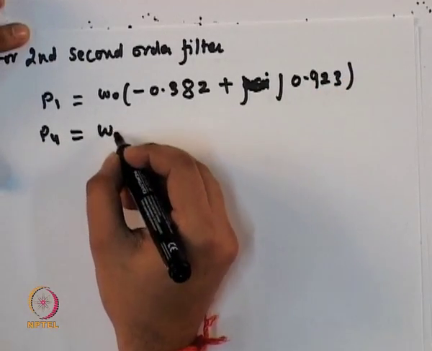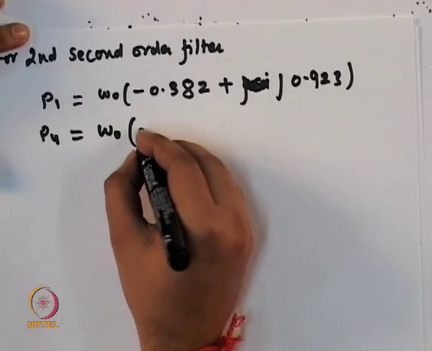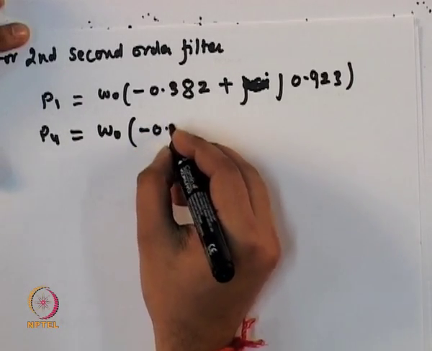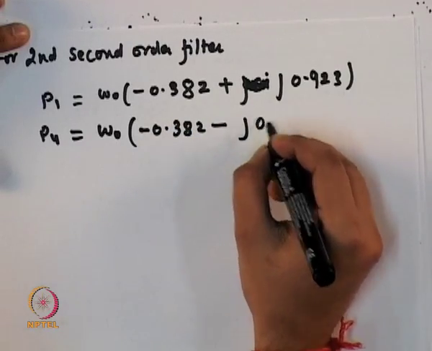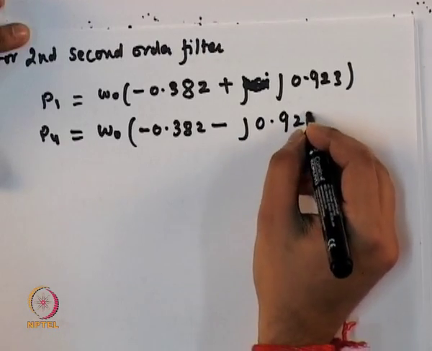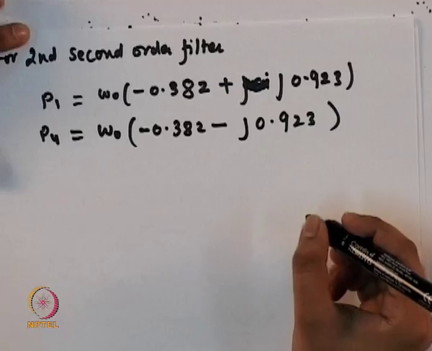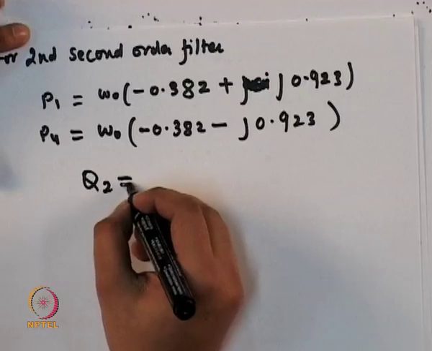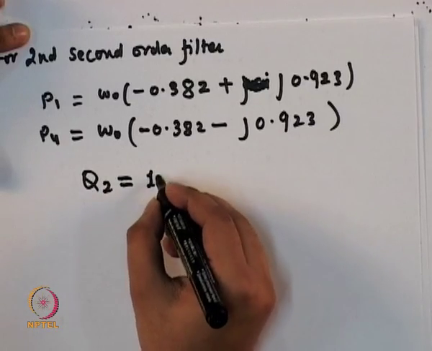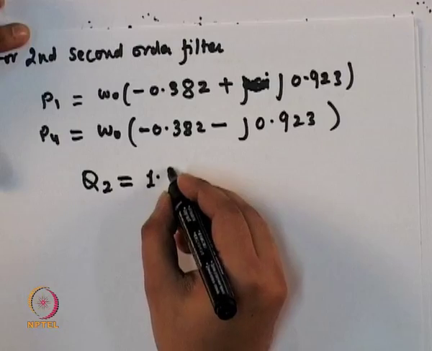P4 is the complex conjugate, that is omega naught times minus 0.382 minus j 0.923. From here we will calculate Q2 from the formula that we discussed earlier. Q2 will be 1.308.